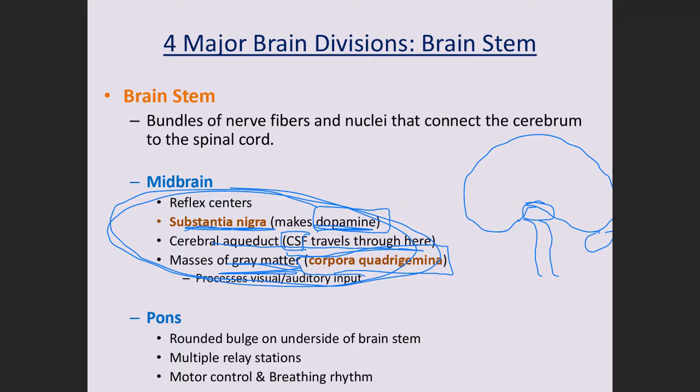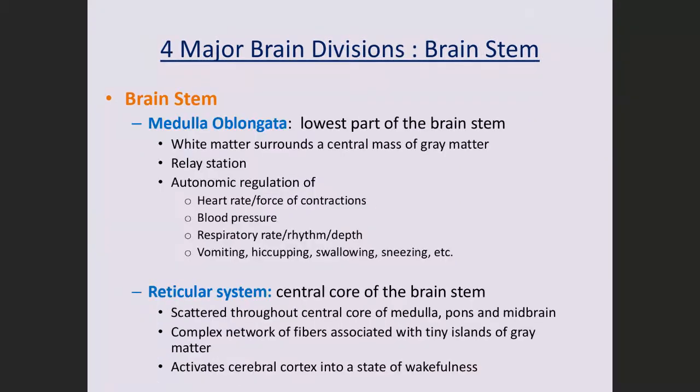The pons, which is going to be the bump. So you have like a little bump that forms here on the brainstem. And that bump is going to be important as a relay station for controlling motor function and breathing. The medulla oblongata, which is the lowest part of the brainstem, is going to be in charge of helping to maintain the regulation of those autonomic functions like blood pressure and breathing and digestion.